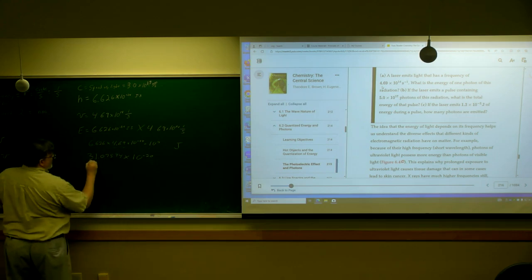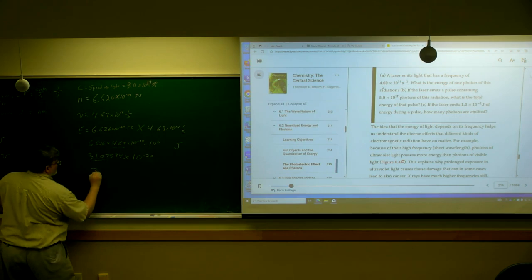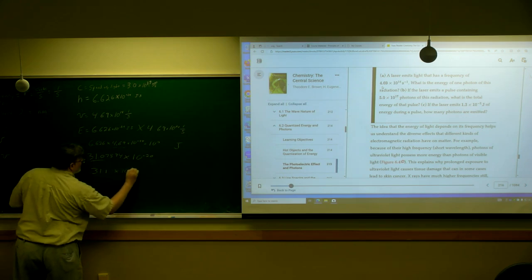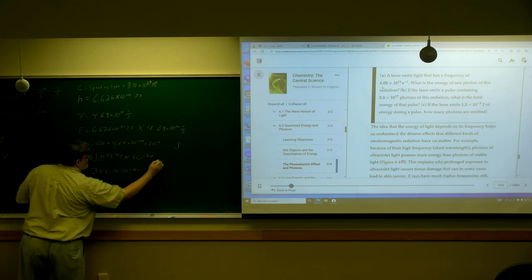Three significant figures, so I'm keeping that. So it'll be 31.1 times 10 to the negative 20 joules.